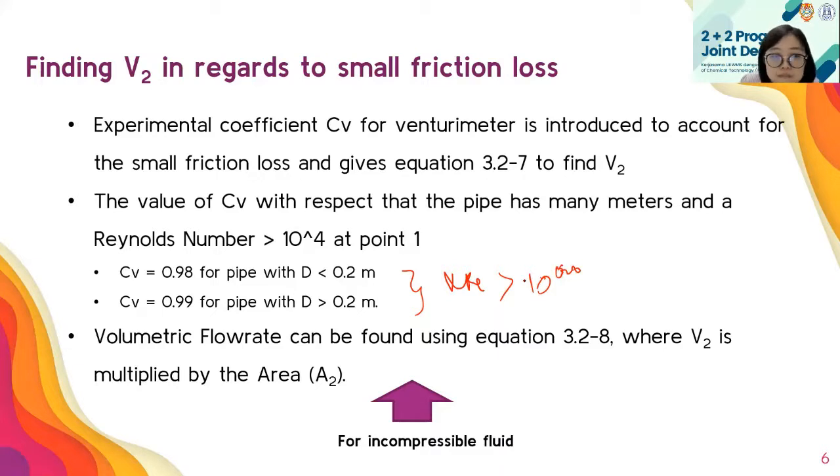So if the diameter of the pipe at 0.1 is less than 0.2 and has a Reynolds number higher than 10,000, the CV is 0.98. However, when the NRE is higher than 10,000 and the pipe diameter at 0.1 is also higher than 0.2 meter, the CV is not 0.98 anymore, but it's 0.99.